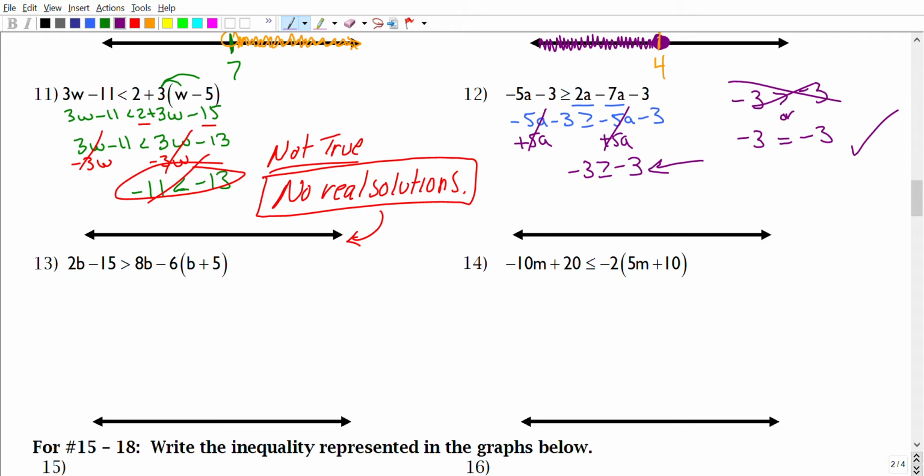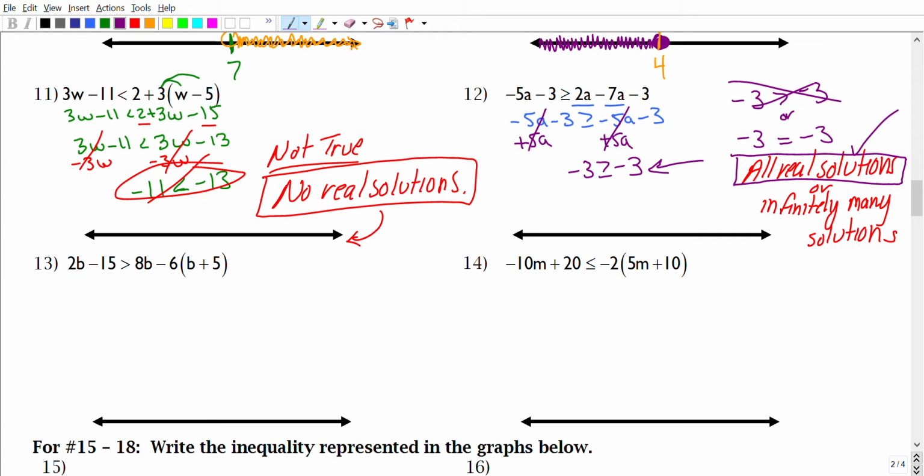And we know from before that always true means all real solutions. Another way of saying it is infinitely many solutions. Now, honestly, with inequalities, I prefer this answer.